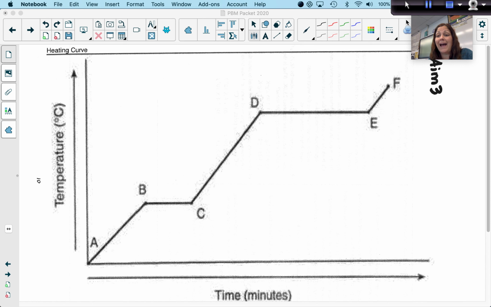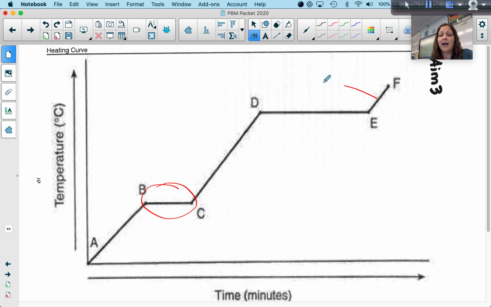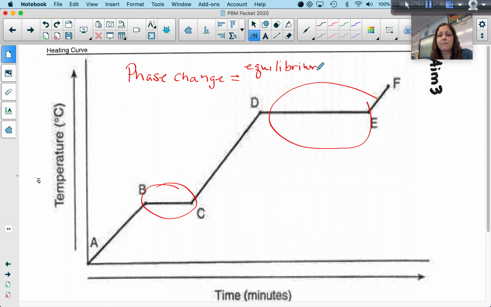If we just look back again at the heating curve, something to note about anytime you have a phase change, there is an equilibrium between the opposing processes.